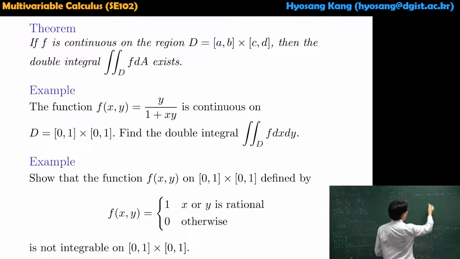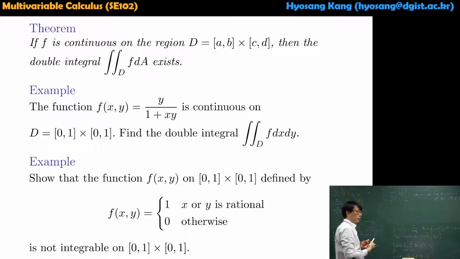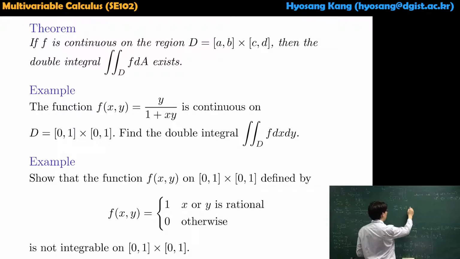So let's say this is my xi star and yj star, for example, okay? And I can take an irrational point, so I get xi star star and yj star star. So when I try to compute the limit in order to get the double integral, if I use the xi star and yj star, which is rational, then this is always 1, right?